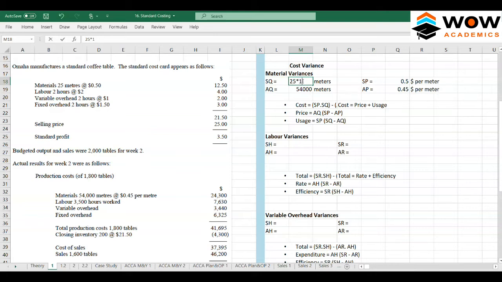We produced 1800, which is the actual. So multiply this, then only you will get the answer. That answer comes to 45,000 meters. From here on it is quite simple. You can just multiply it and get the number.